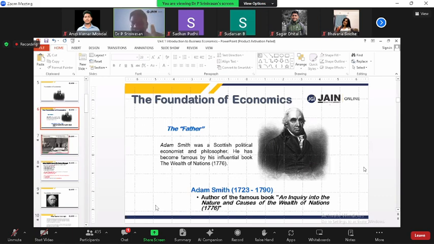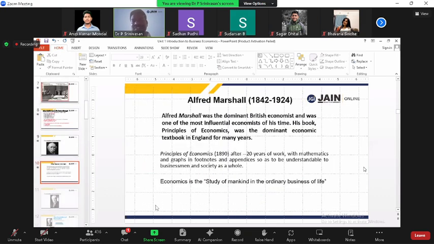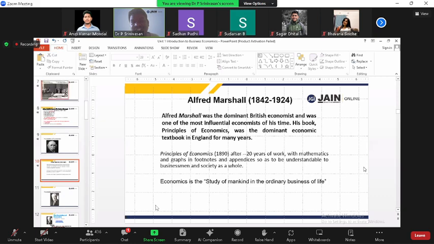Now we'll go to the next most influential economist, Alfred Marshall. He wrote the book Principles of Economics in 1890, and the credit goes to him because he introduced graphs. We study the law of supply and law of demand.